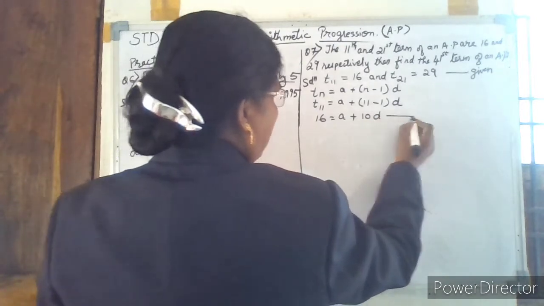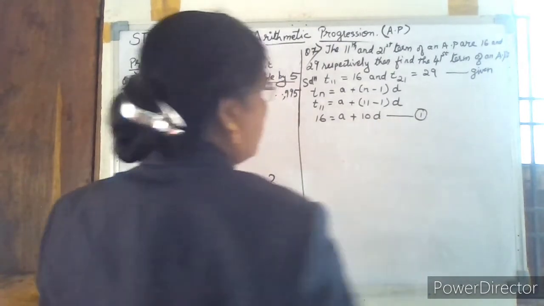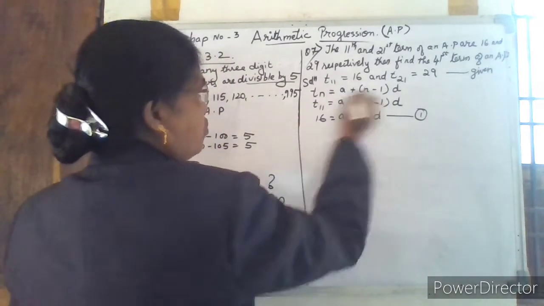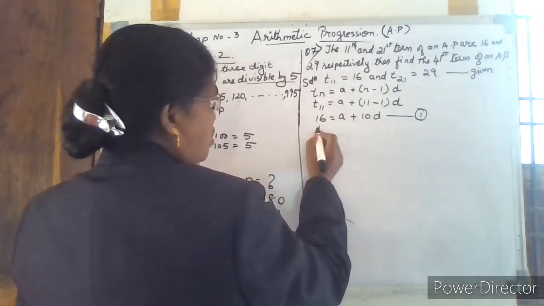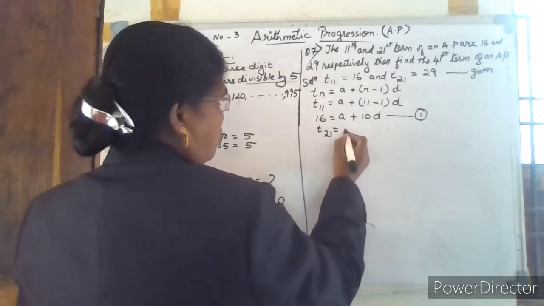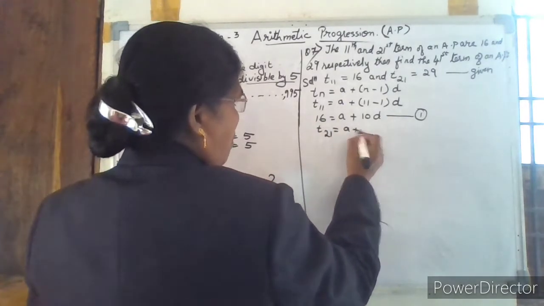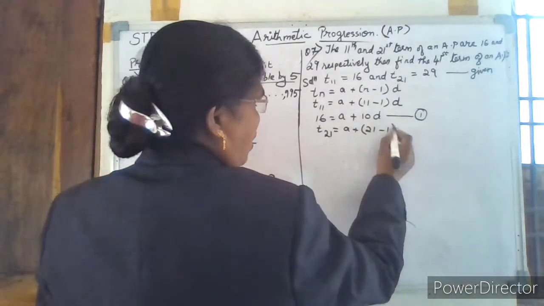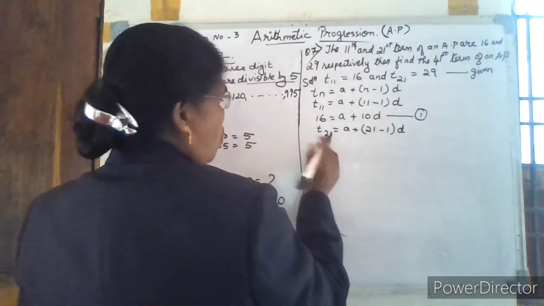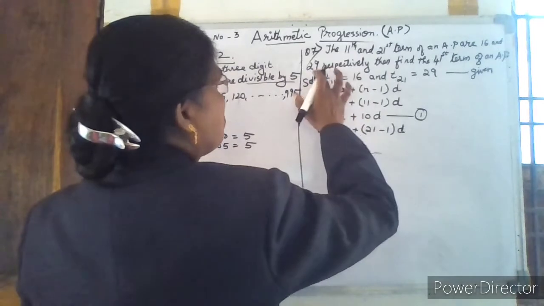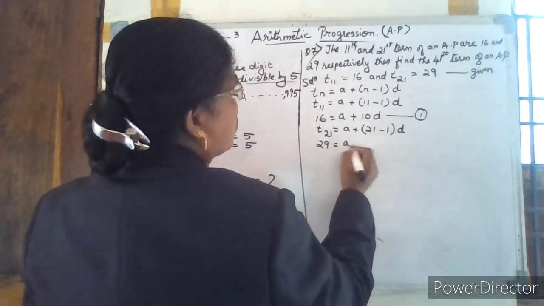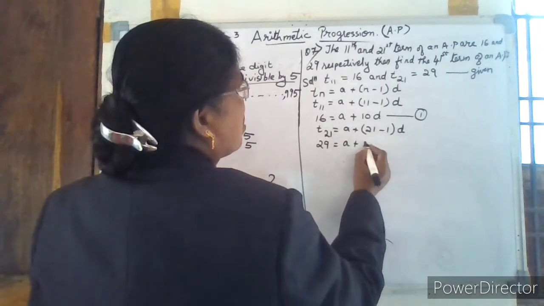Let us take this as equation 1. Similarly, the 21st term is a plus 21 minus 1 into d, and the 21st term is given as 29, so 29 is equal to a plus 20d.